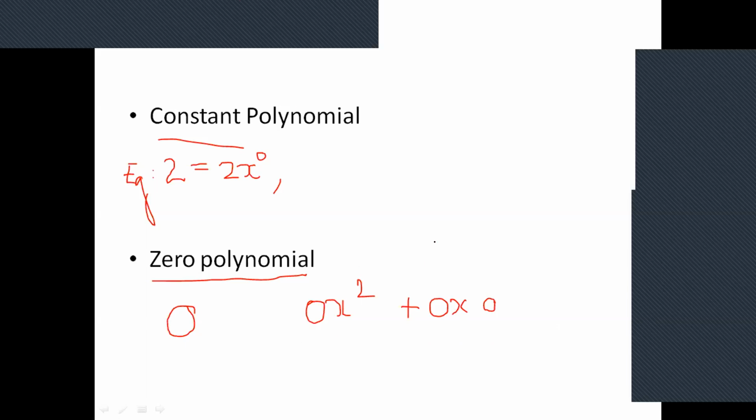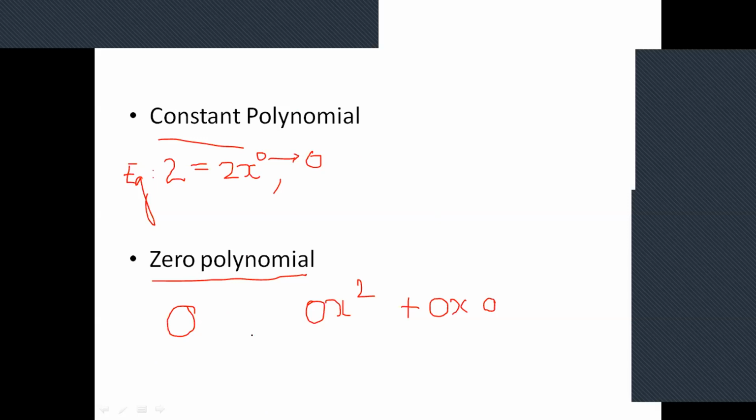So that is why we can't say what kind of degree the zero polynomial has. So we say the degree of the zero polynomial is not defined. And when it comes to the constant polynomial, as you can see, the highest power of the variable is zero. That is why the degree is 0 in the case of a constant polynomial, and in the case of the zero polynomial we say not defined. Not defined does not mean a huge quantity.